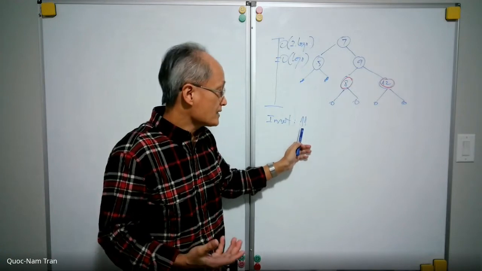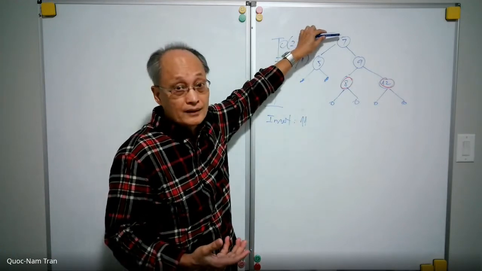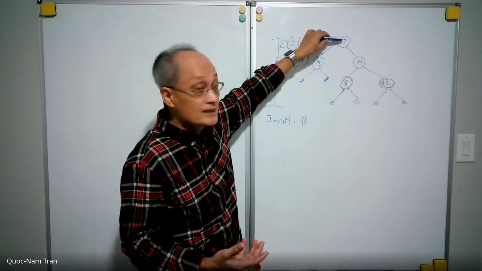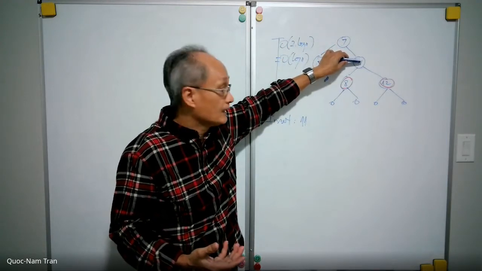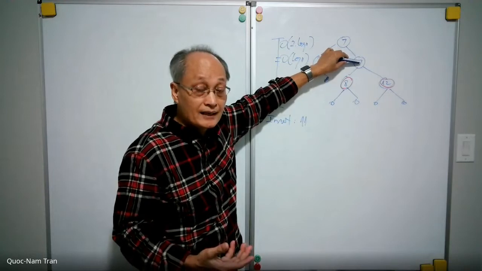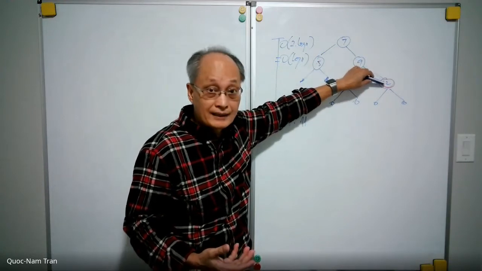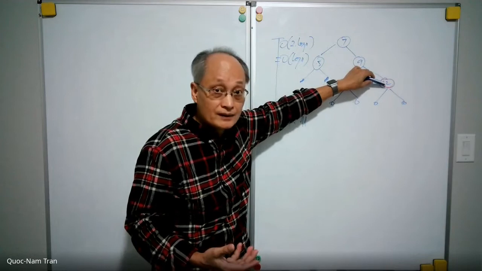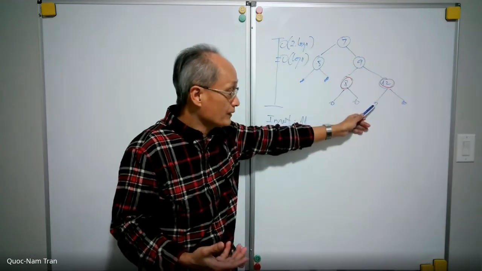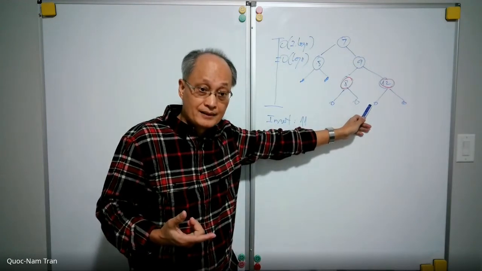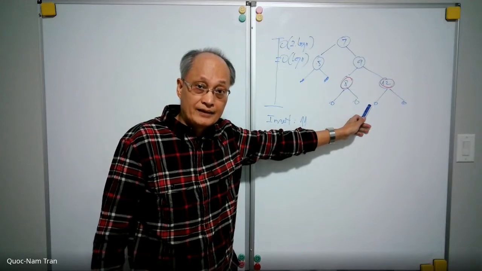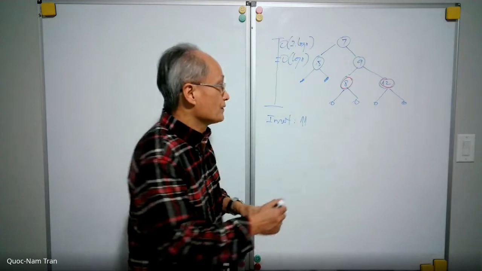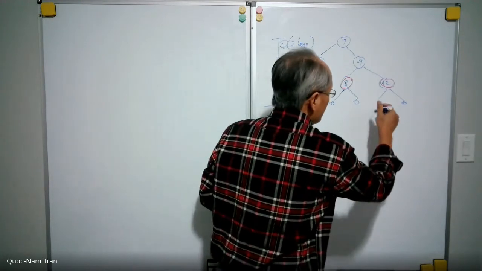I will start from the root. 11 is bigger than 7, so I will follow the right link. 11 is bigger than 9, so I will follow that. 11 is smaller than 12, so I will follow this. This is a null pointer. So I know that is where I will insert 11.